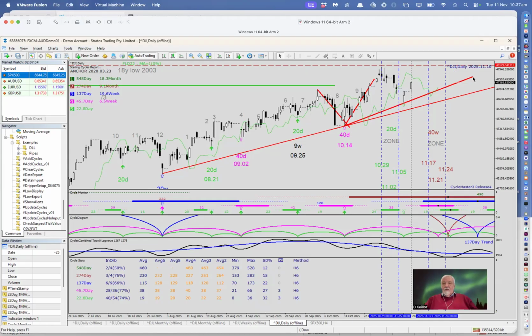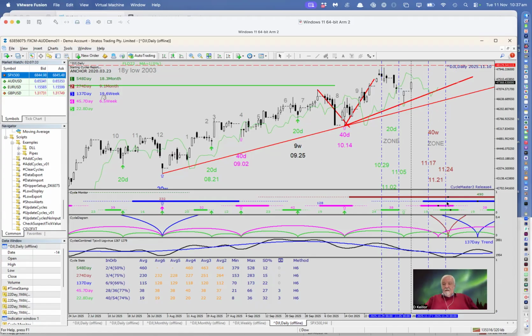Now, there's two things that should happen here. One is price should hesitate at some point in time on the way up, and that could happen tomorrow. It could happen later in this week. But what we've got is a 40-week cycle that's pointed down.